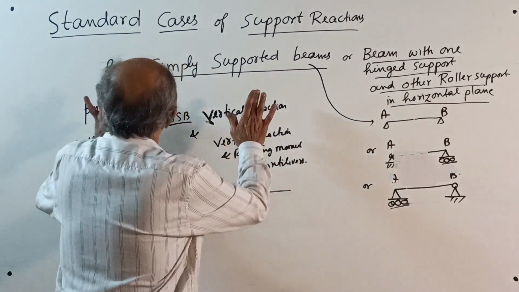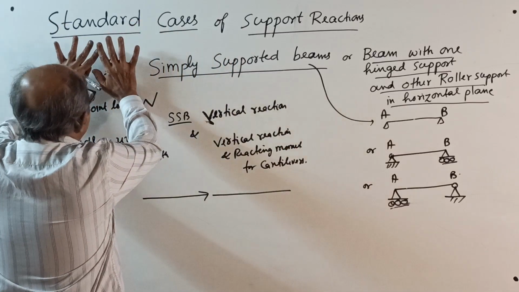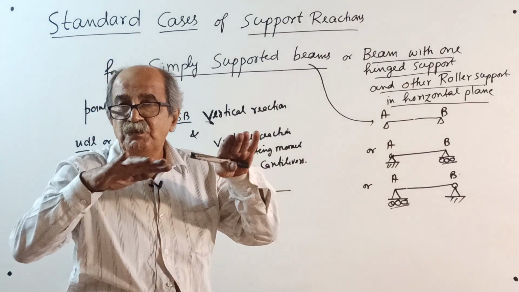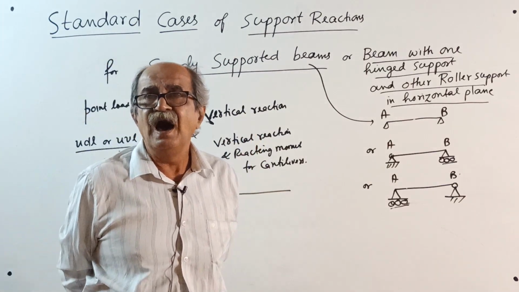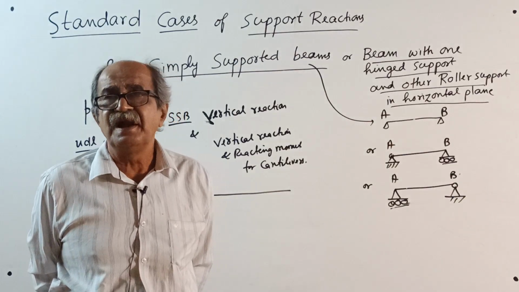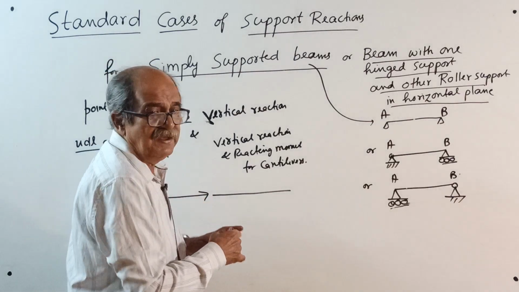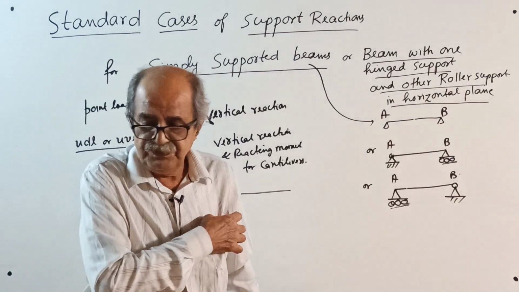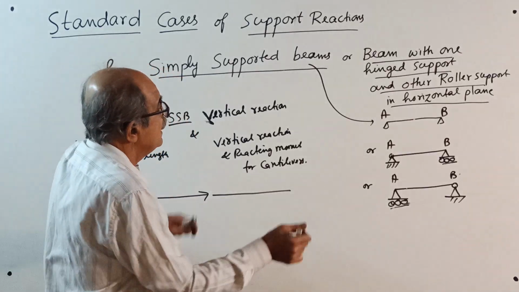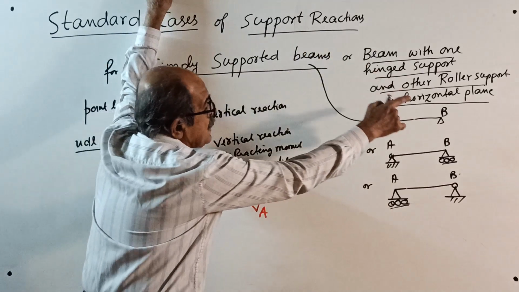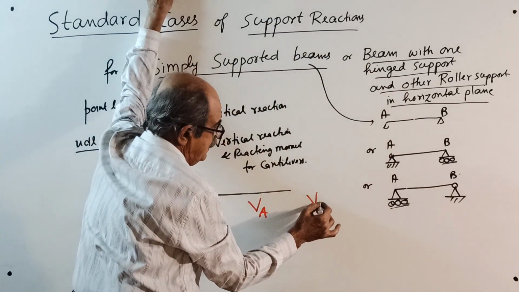So now, I will start everywhere. I will put the case here. The sketch I will write in black color. Below, I will write the answer, the reaction, in red color. And remember, everywhere the vertical reaction will have a symbol. For a simply supported beam, the vertical reaction at the left end, my symbol is VA; the vertical reaction at the right end, my symbol is VB.